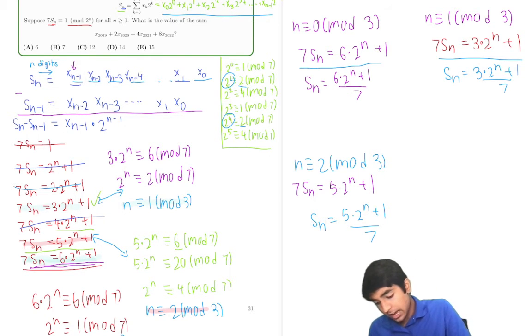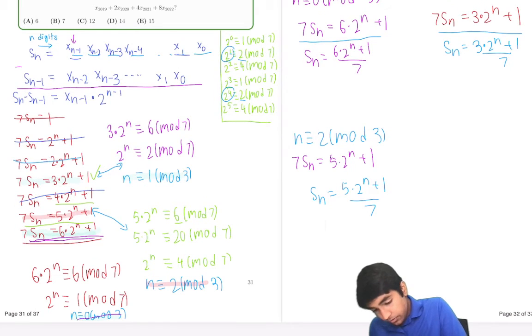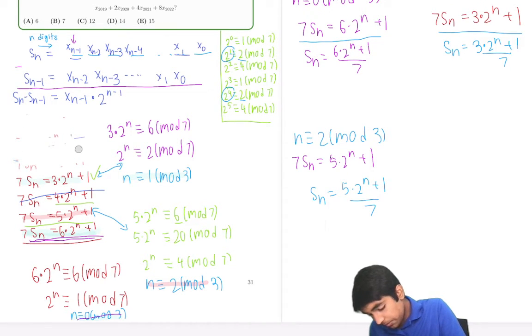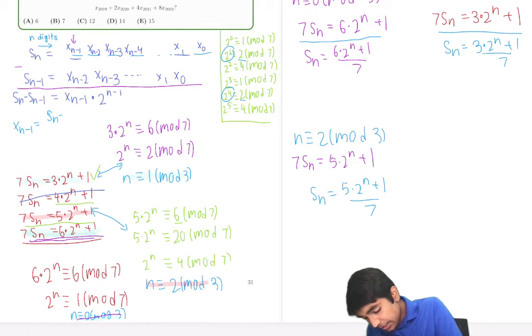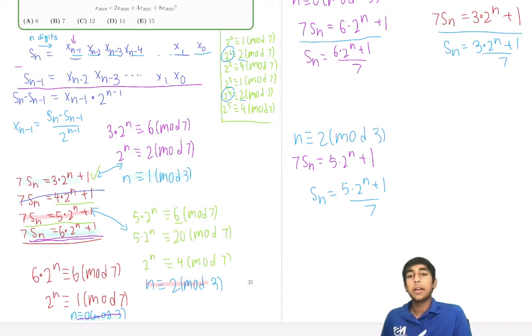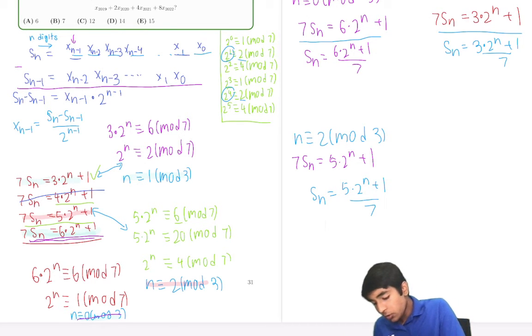So that means we have that. Let's erase this part because we already know what our values are that work. We have that x of n minus 1 equals s of n minus s of n minus 1 over 2 to the n minus 1. And instead of n minus 1, if we now put x of n, we just increase all of these coefficients by 1.